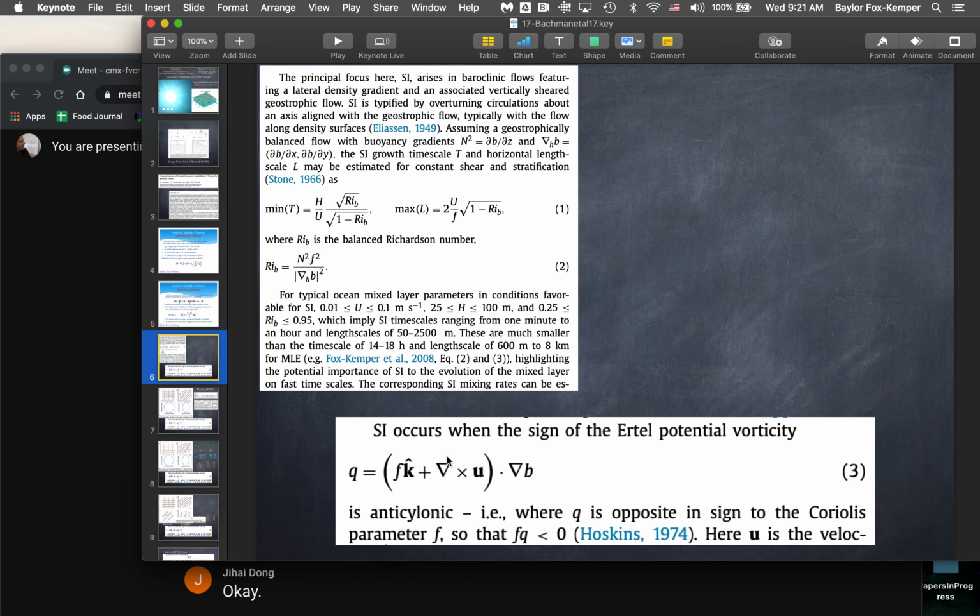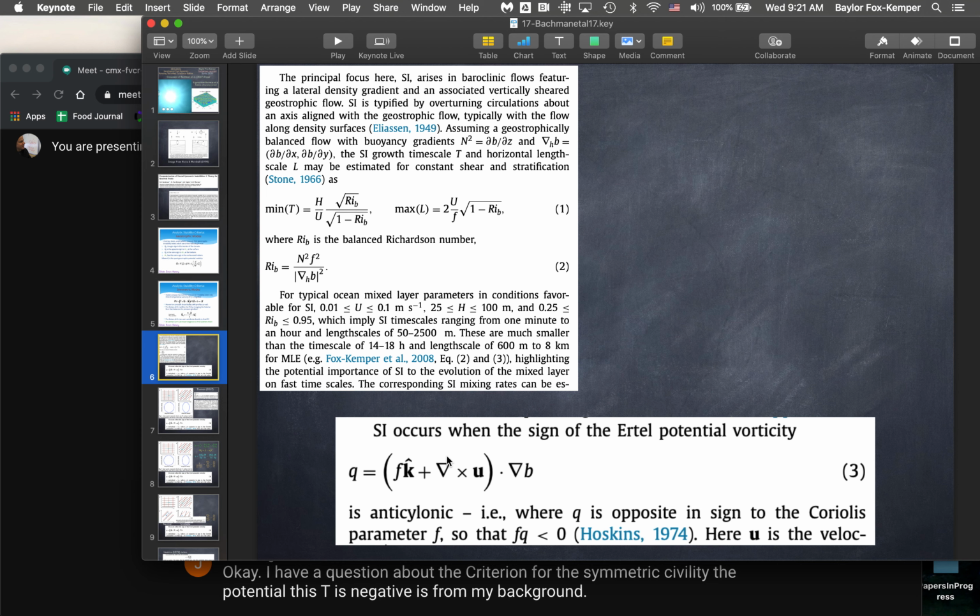Okay. I have one question about the criterion for the symmetric instability. The potential vorticity is negative from a background of geostrophic balance, right? From Hoskins' theory. That's correct. So is this a general criterion or just a criterion for the geostrophic background?